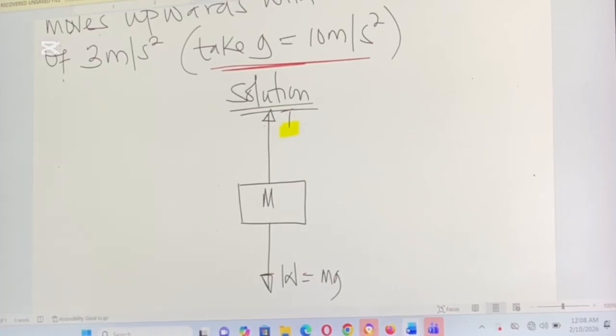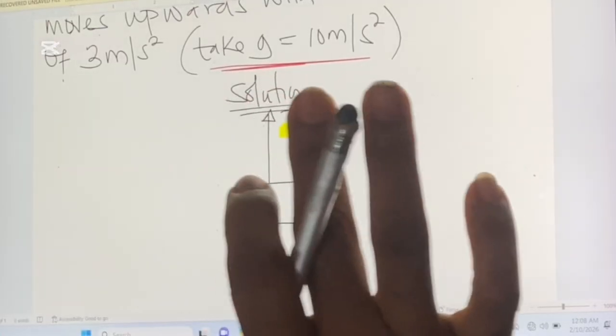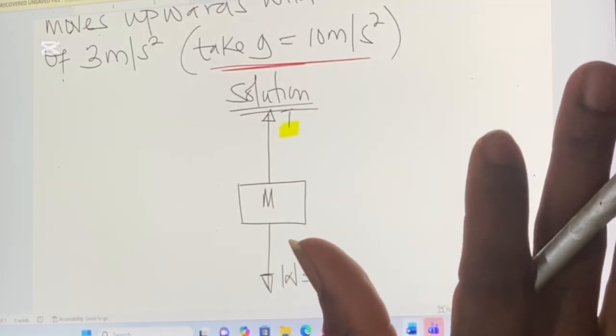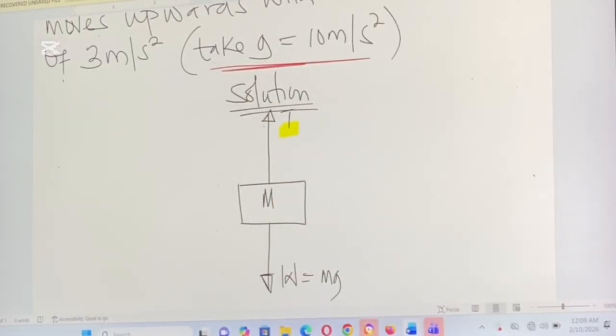So the first concept here in Newton's third law of motion is to identify the system. It's an elevator, so it obeys Newton's third law. Now, to identify the direction of the force of the system, whenever you have one mass, it is always stated in the question.